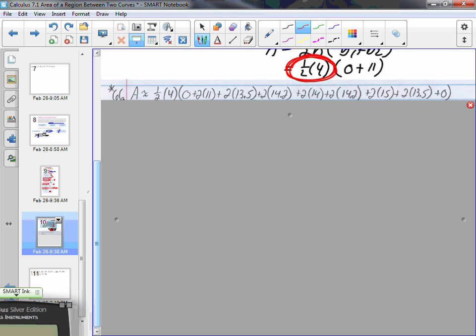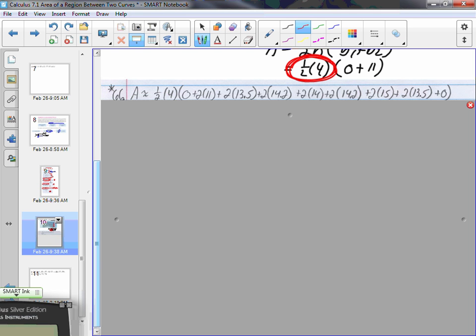Now, do you see how what I have showing actually is the sum, the accumulation of however many of those trapezoids? Do you see that? Because all I did, that 1/2 times 4 is in every one of those trapezoid areas. Since it's in every one of them, factored out, put it in the front.